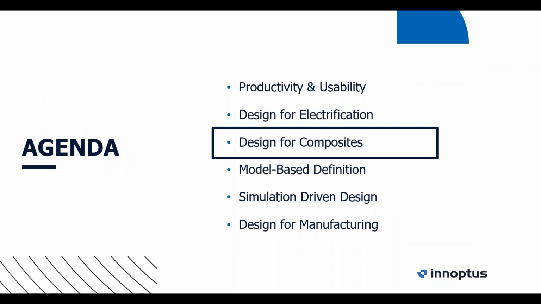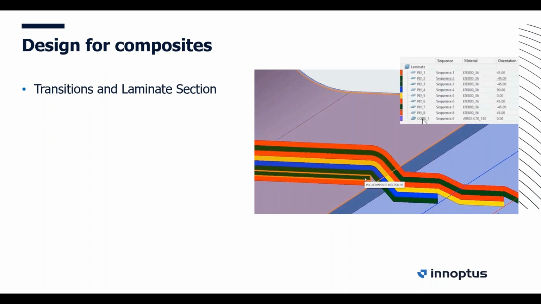Let's have a look at Design for Composites, a new module that we have a few versions of now, and we have a lot of interest in that as well. So: transitions and laminate sections. What are transitions? You'll see the transition on the end.